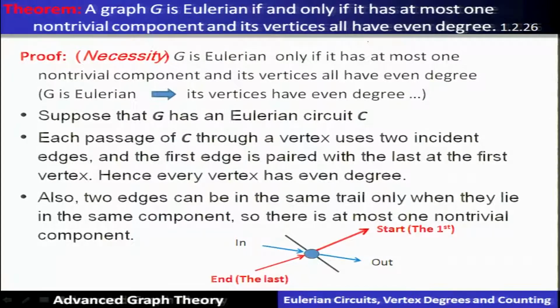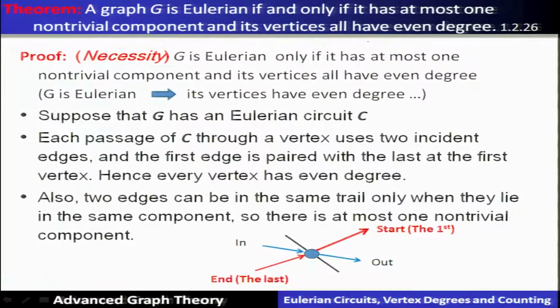This theorem characterizes the class of Eulerian graphs with these properties, which is very important to characterize a particular graph as an Euler graph.